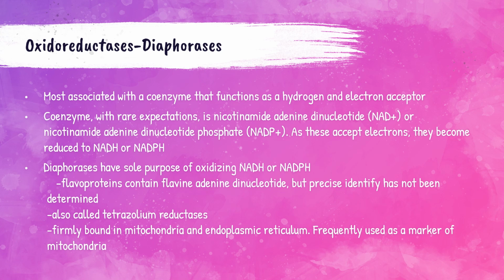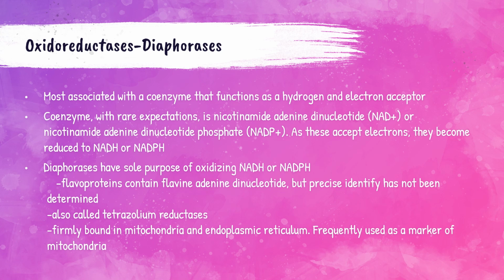Usually that coenzyme is nicotinamide adenine dinucleotide, or NAD for short, or nicotinamide adenine dinucleotide phosphate, or NADP for short. As NAD and NADP accept the electrons in the reaction, they become NADH or NADPH. Diaphorases are dehydrogenases with the sole purpose of oxidizing that NADH and NADPH.